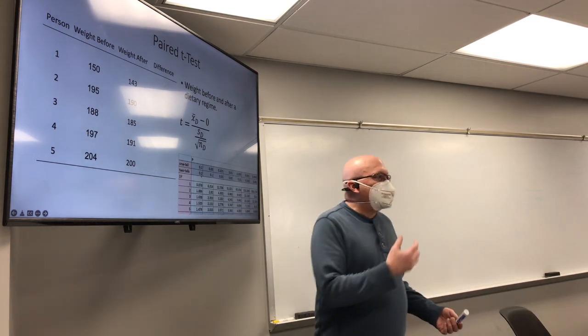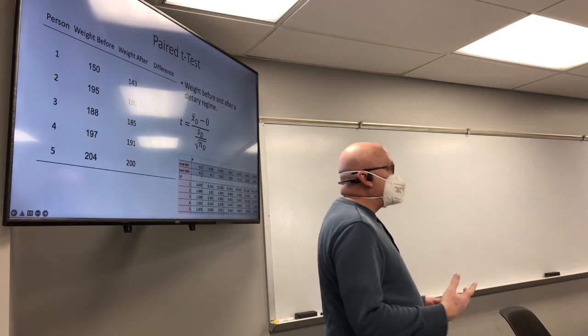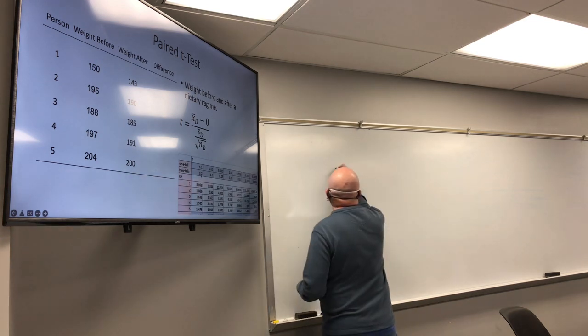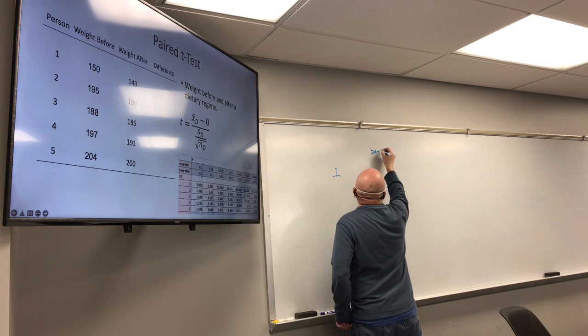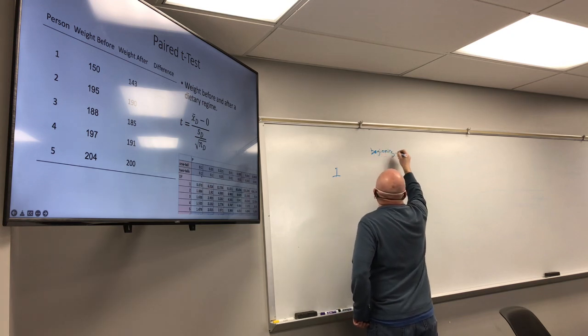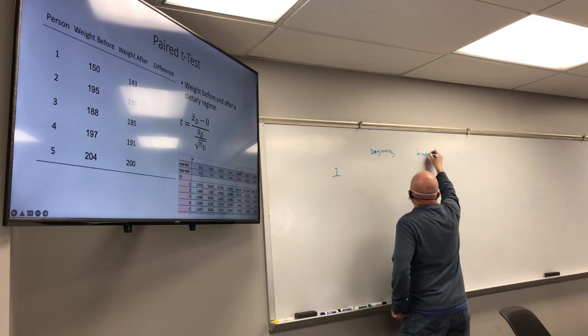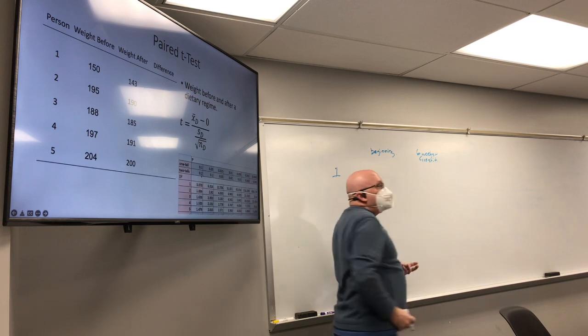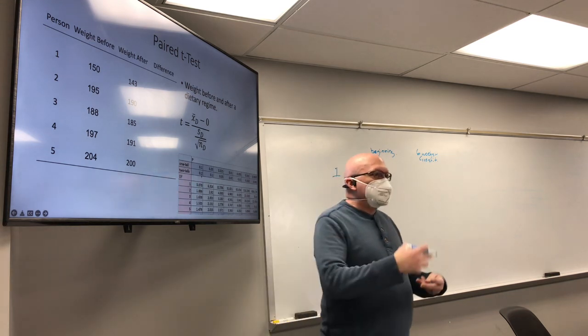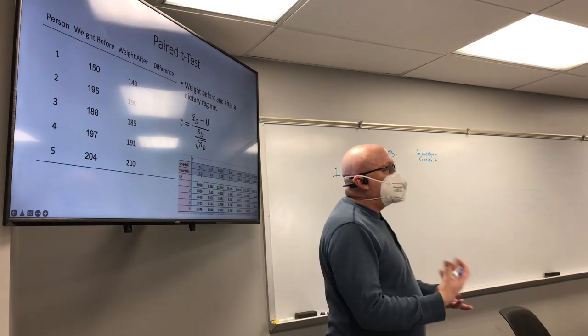So in this CrossFit example, the individual matters because what you're doing is you're taking individual one, you're measuring them at the beginning of the study, and then you're measuring them again after 6 weeks with CrossFit. And so there may be variation that is inherent to the individual that is important.